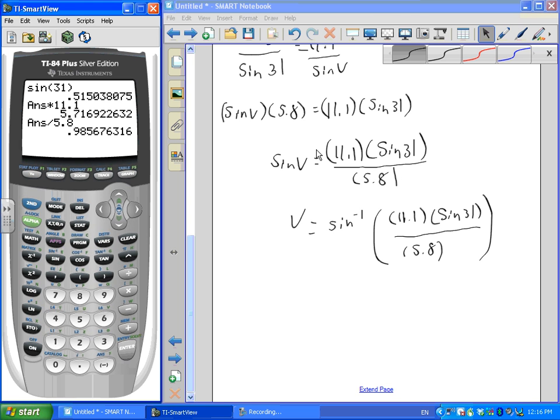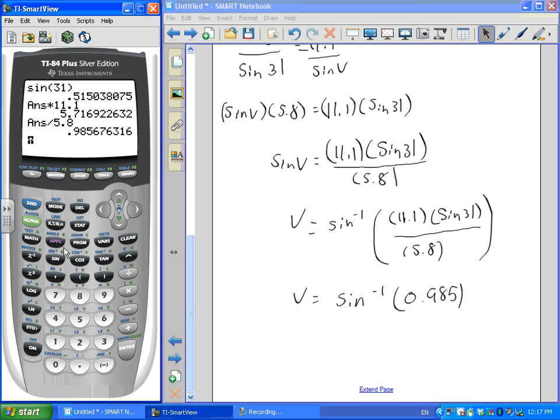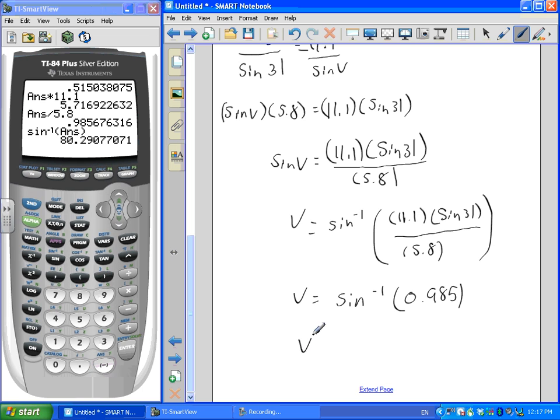Equals 0.985, we'll say. So V is equal to sine inverse of 0.985. We have to sine inverse that answer. So remember, second function, sine, I'm going to take the answer from before so it's more accurate, is equal to, V is 80.29, or approximately V is 80 degrees.